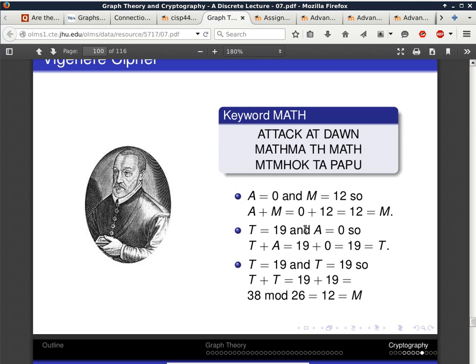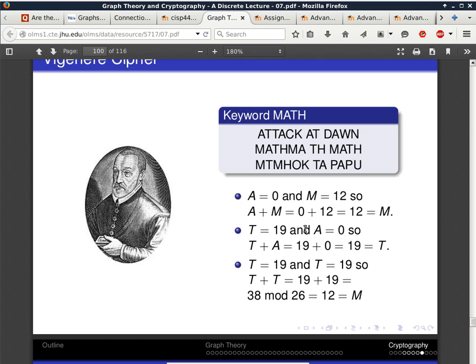It basically has a keyword pattern. Instead of using a fixed offset, the position of the letter of the unencrypted text has to combine with a letter of a repeating pattern in order to come up with the encryption. In other words, in this case, the actual keyword is math. We just repeat math, M-A-T-H, a whole bunch of times, okay?